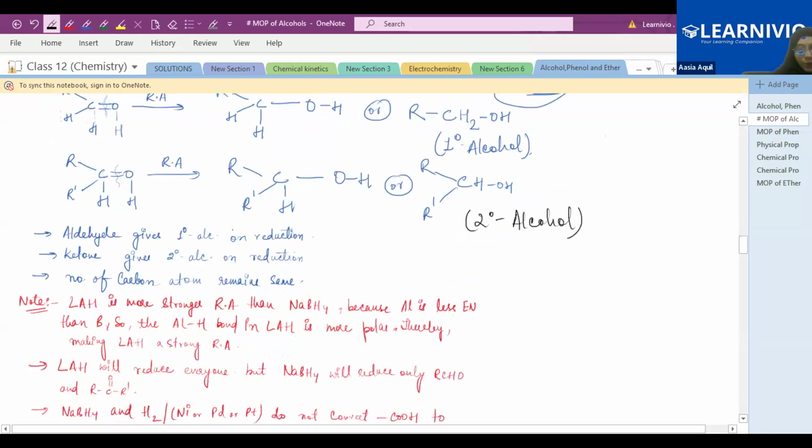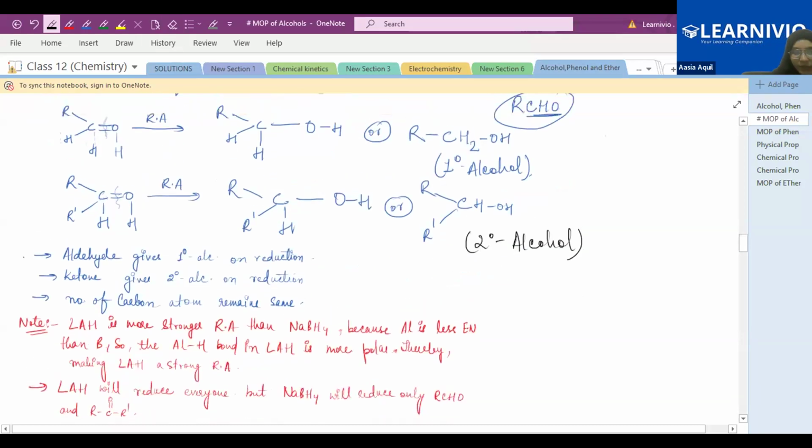So here's the point. These are important points, just write them down. Aldehyde gives primary alcohol on reduction. Ketone gives secondary alcohol on reduction. And the number of carbon atoms remains the same.